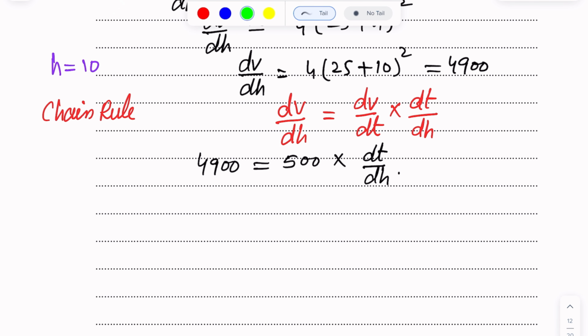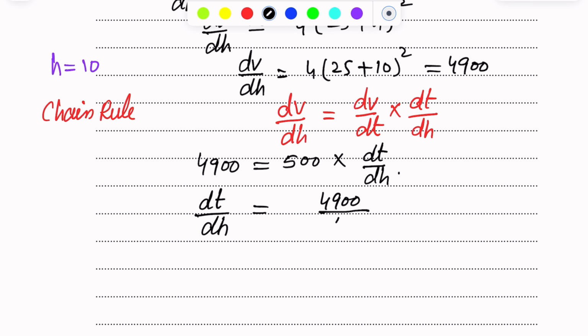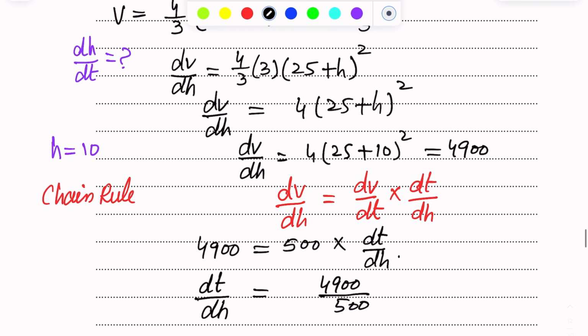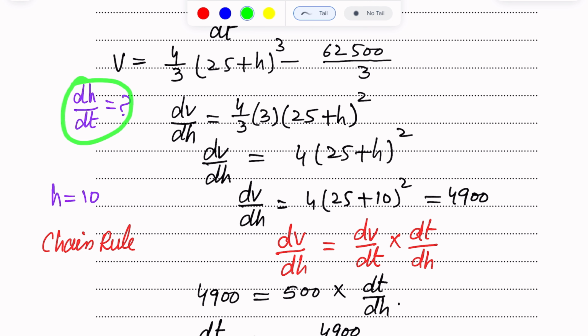We will take its reciprocal. First we write it in this form: dt over dh is equal to 4900 over 500, but actually we have to find dh over dt.